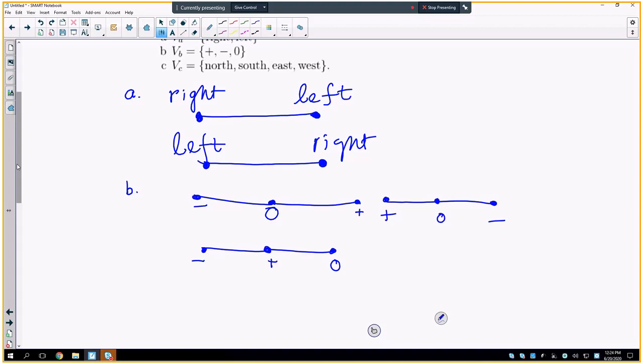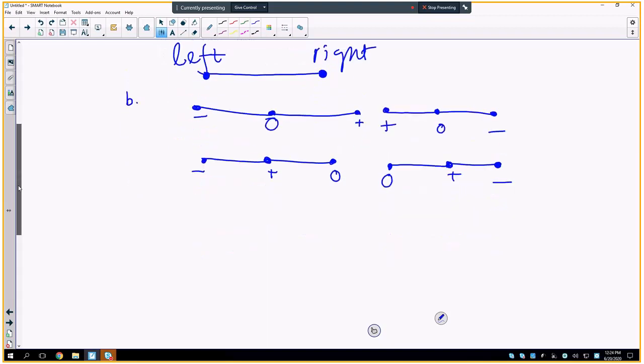What else is not different than the second graph? You just interchange the minus and the 0 position, but keep plus in the center with degree 2. So minus plus 0 is the same graph as, oh, I just kept them the same. So make it 0 plus minus. It is the same as minus plus 0.